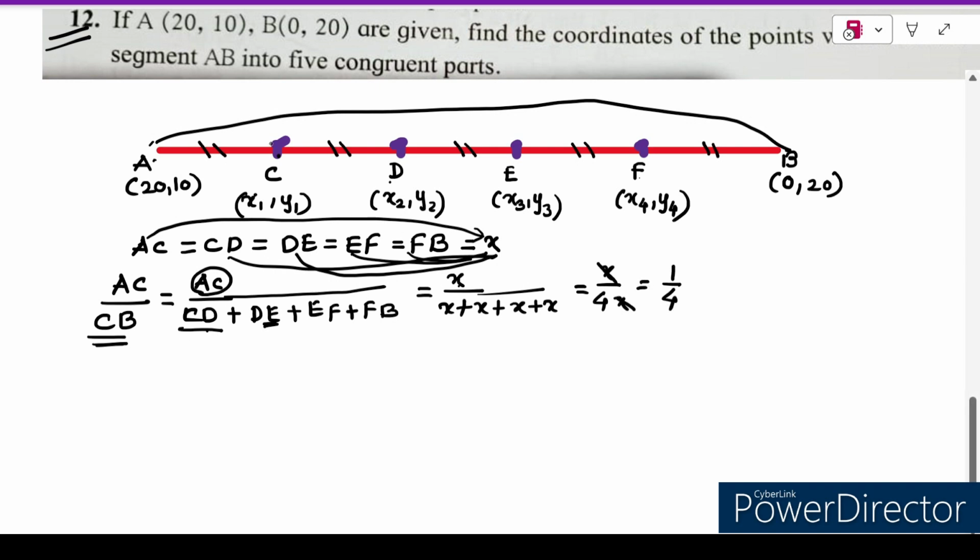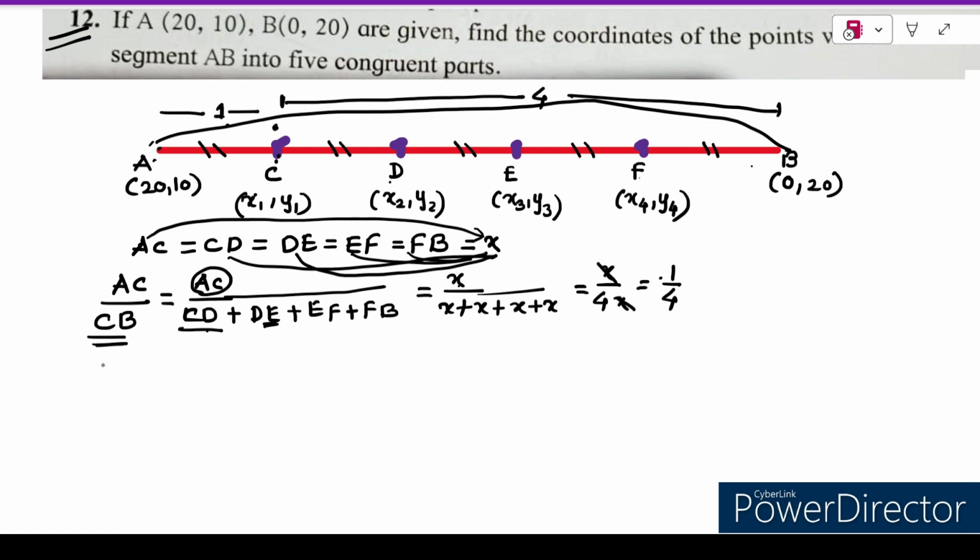Now this point C is dividing segment AB in the ratio 1:4, where this is 1 and this is 4.